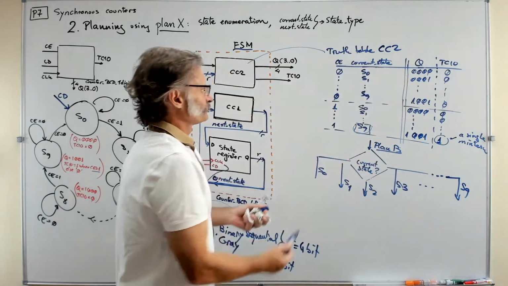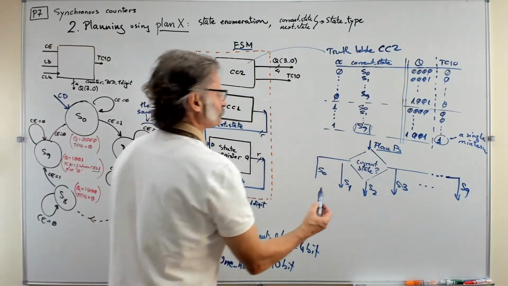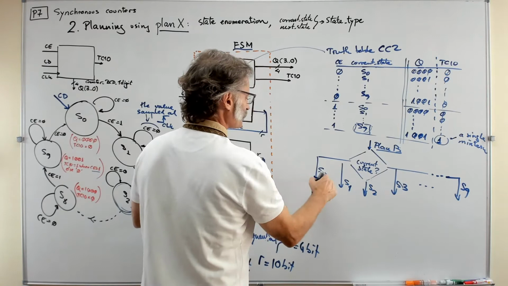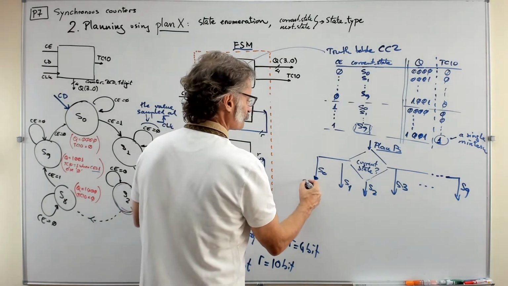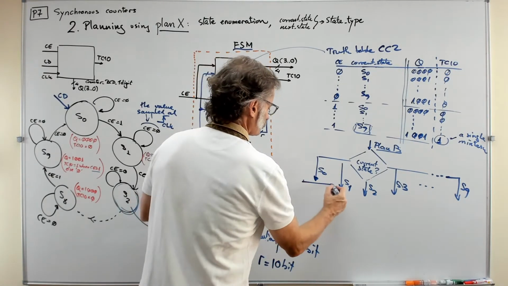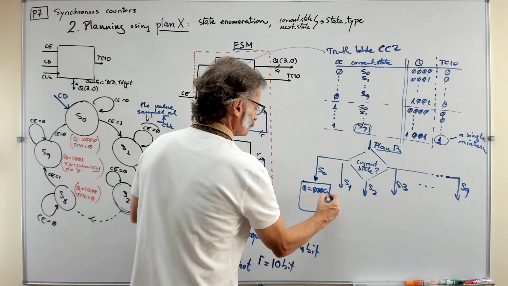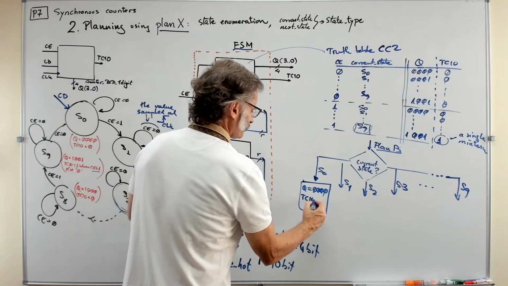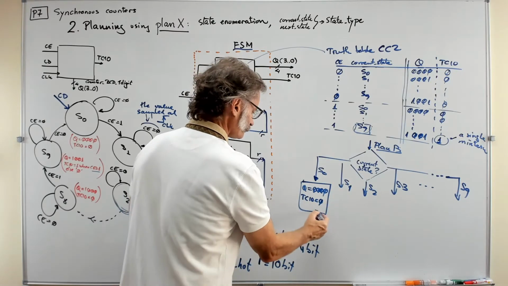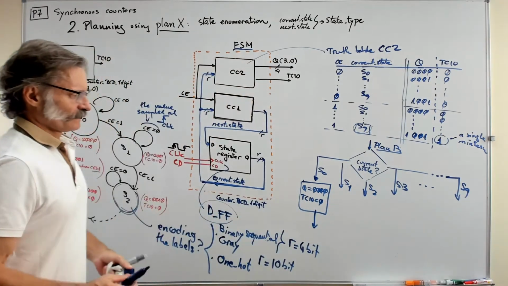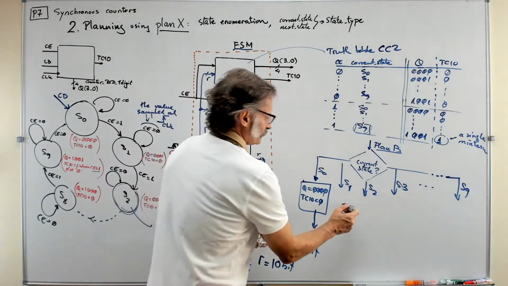So if it happens that you are at S0, what are you going to do here? Just as operation, that means Q equals 0, 0, 0, 0, and TC10 equals 0. That's the operation.